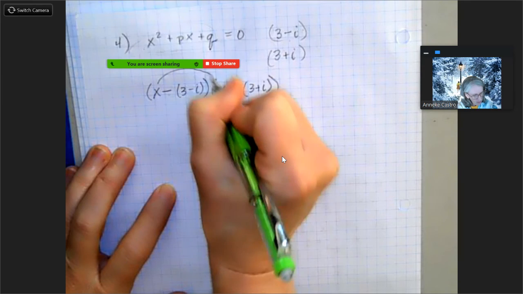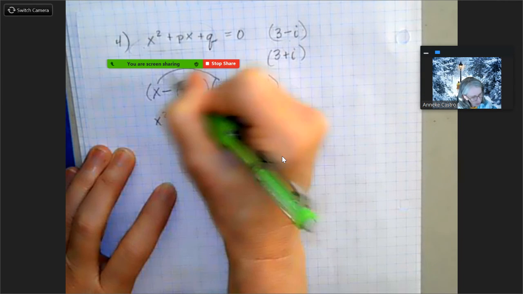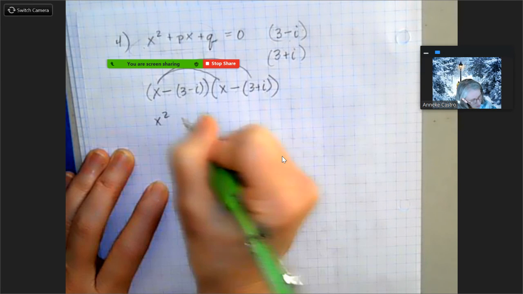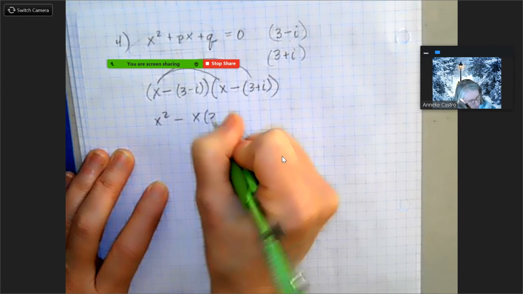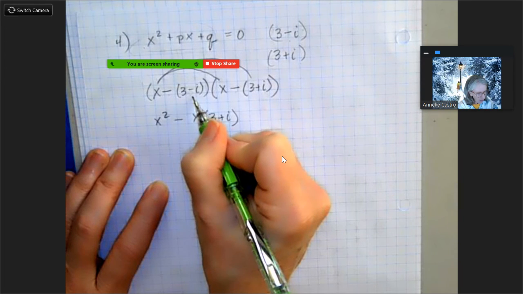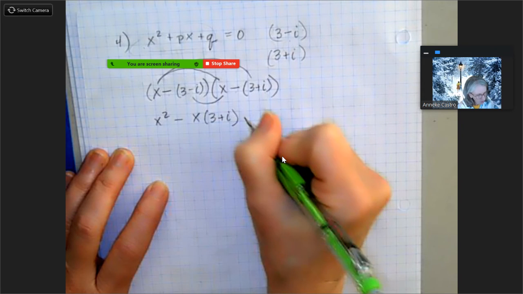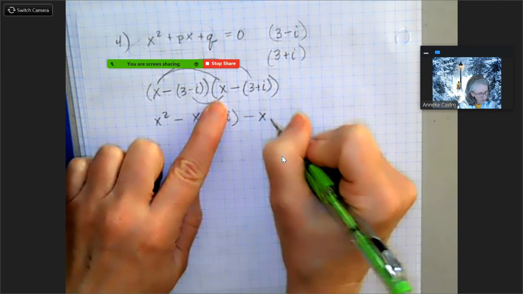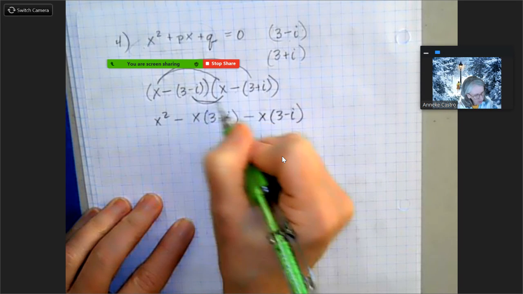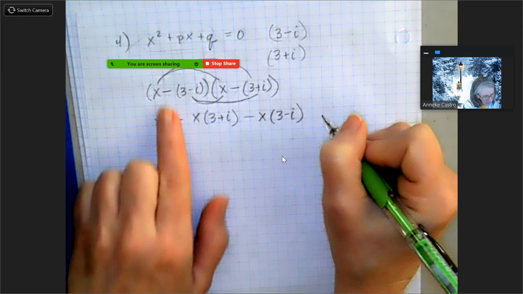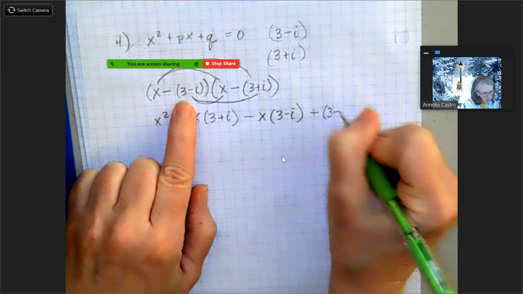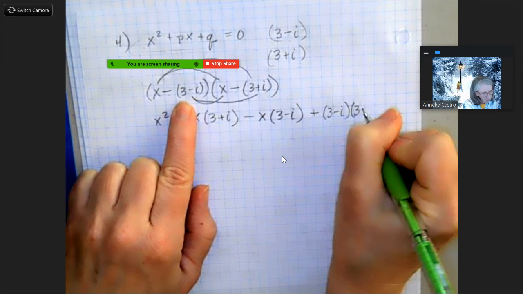So I'm going to have x times x, that's x squared. And I'm going to have x times negative 3 plus i, so that's minus x times 3 plus i. And then I'm going to have minus 3 minus i times x. And then the last one, negative times a negative gives me a positive, 3 minus i times 3 plus i.